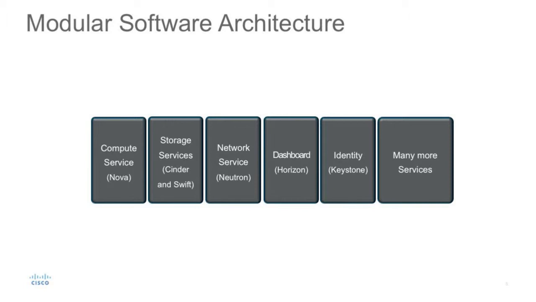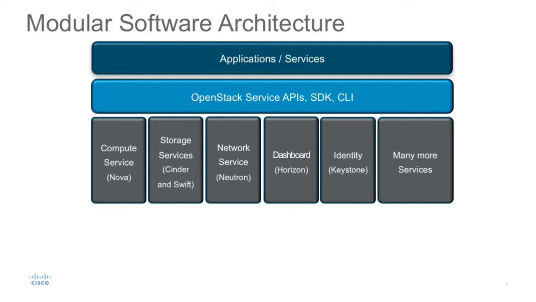So very modular software, which is great. There's a set of core services, which are listed out here, which provide your compute, your networking, and your storage. But then there's many other services that you can use or not use depending on your needs. And then those APIs that I mentioned before, sitting on top, you can use to write applications and services that ride on top of OpenStack.